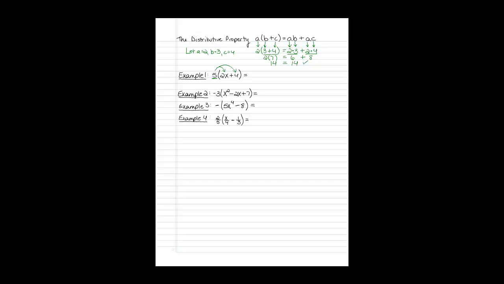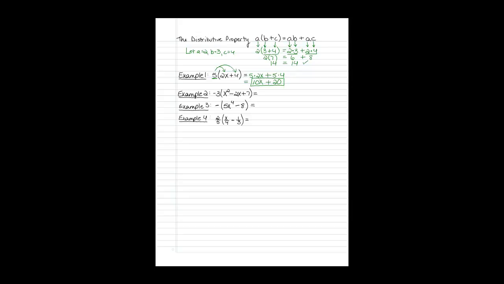So I'm going to multiply 5 times 2x, plus, you're going to keep whatever sign is in the middle, plus or minus, here it's a plus, 5 times 4. Write that there, and on the next line just work it out. 5 times 2x gives you 10x, plus 5 times 4 is 20, and there it is. We call this expanded form. So here, example 1, we have it written in expanded form.